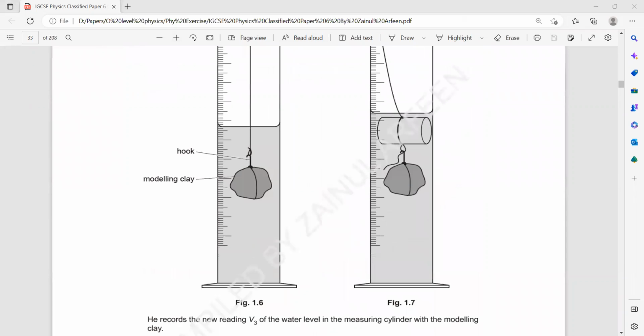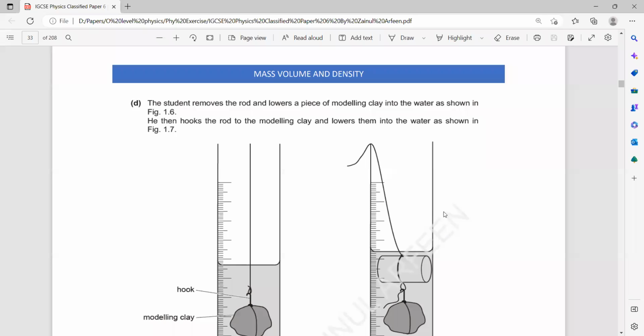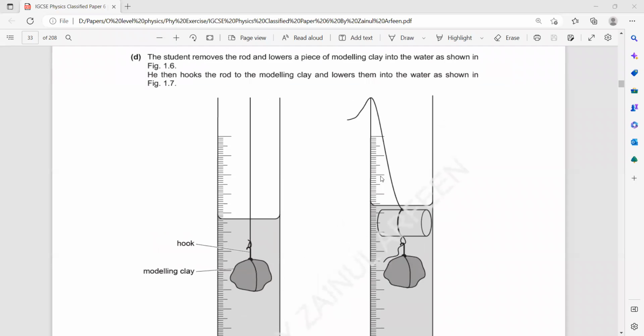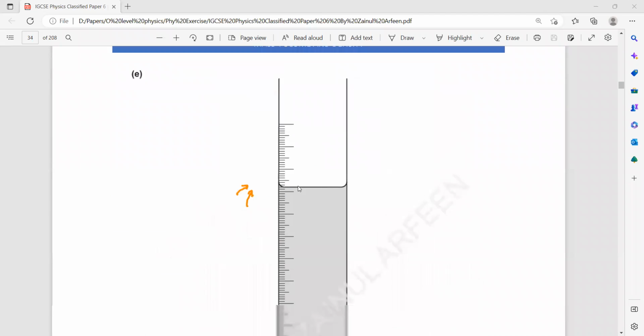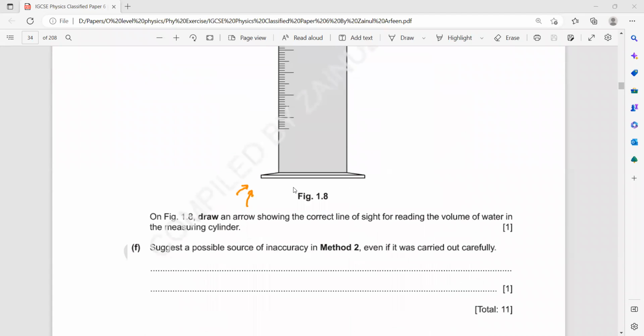What else? The modeling clay might have trapped air. The wood might absorb some water, or the modeling clay may absorb some of the water. And splashing, as you mentioned. Okay, the question is to suggest a possible source of inaccuracy.